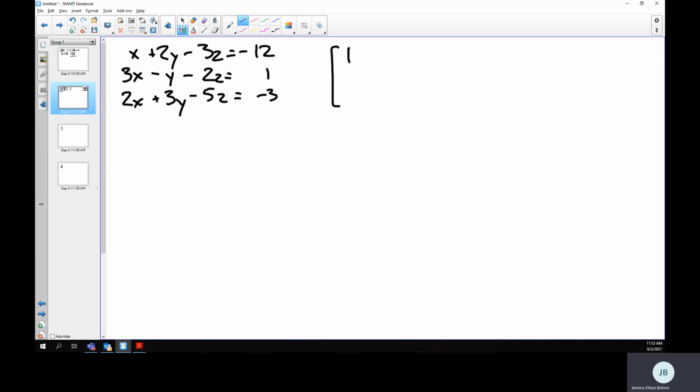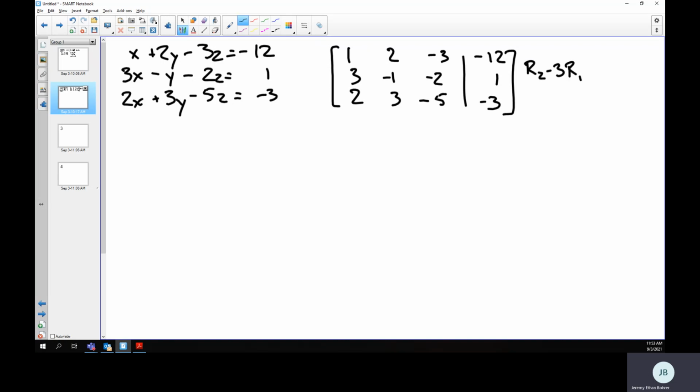We've got 1, 2, negative 3, negative 12, 3, negative 1, negative 2, 1, 2, 3, negative 5, negative 3. Okay, well, then our first step is going to be to eliminate our 3 from row 2 and our 2 from row 3. So we'll take row 2 minus 3r1 and row 3 minus 2r1.